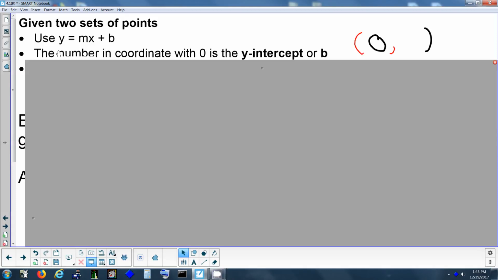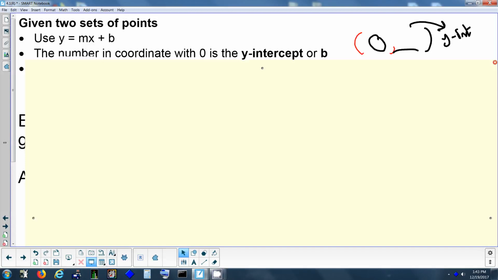This is your y-intercept. Whatever the other number is with 0, that's going to be your y-intercept. So in your blanks, you're going to write y-intercept or b.